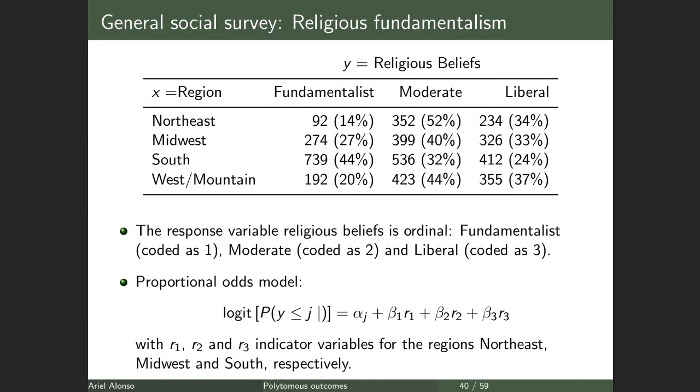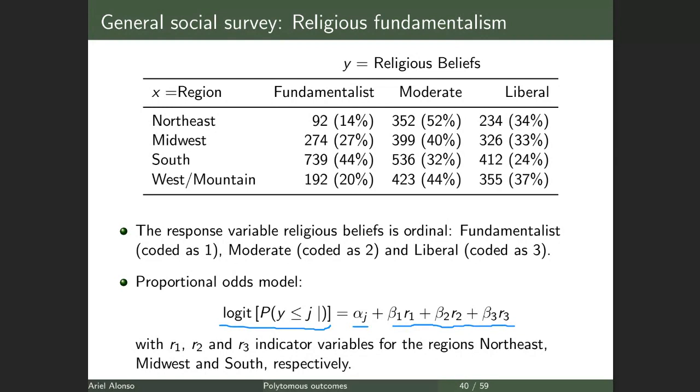So the proportional odds model is given here below. The probability that y is smaller or equal than j has an intercept for each value of j. So here you will have these two odds, and then the coefficients for the regions are the same. They don't depend on j. So the beta coefficients do not depend on j. We are trying to see if religious belief varies with the region.